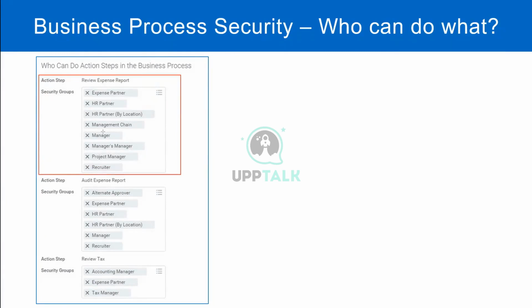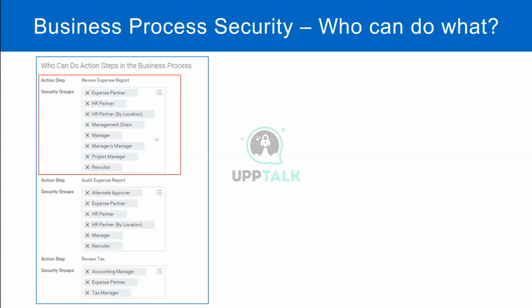Did you understand that? Let's say you now create your business process definition. You add a step called review expense report. You have to choose from either of these ones. You can choose between an expense partner or HR partner or manager, manager's manager, and so on. You have to include only one in your review step. You can choose only from this list.